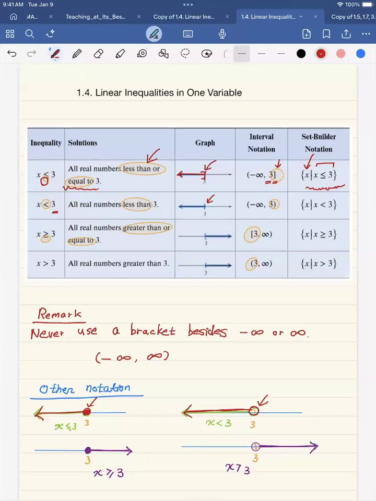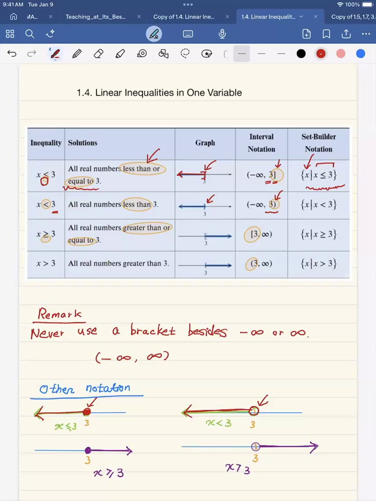When we express strictly less than or greater than, we use parenthesis notation. This parenthesis right beside 3 means 3 is not included in the interval.